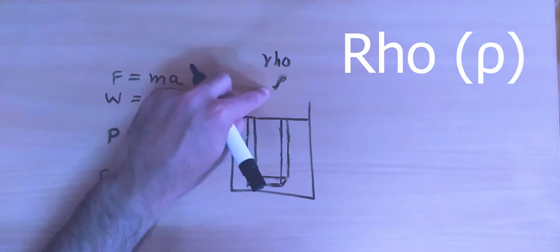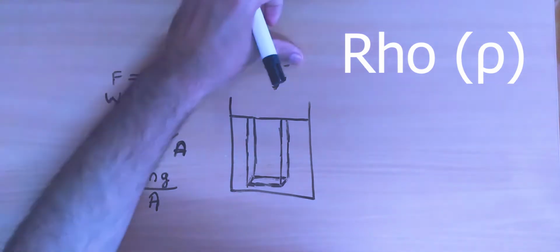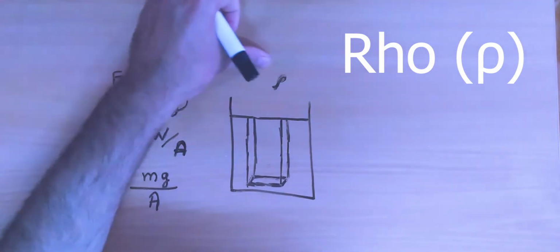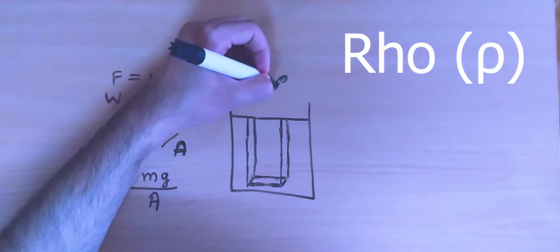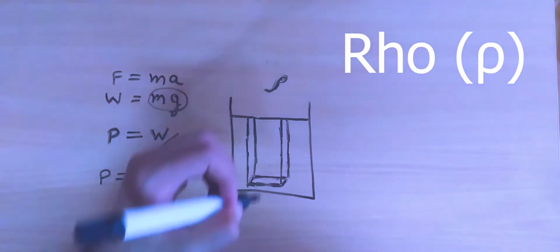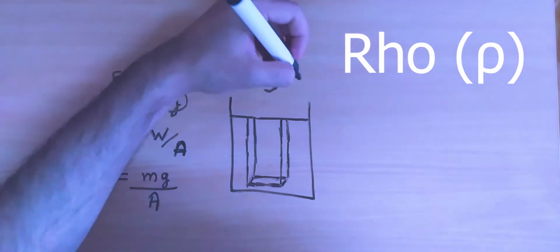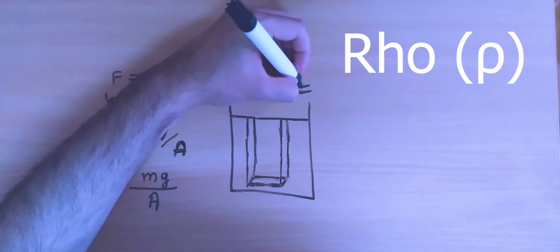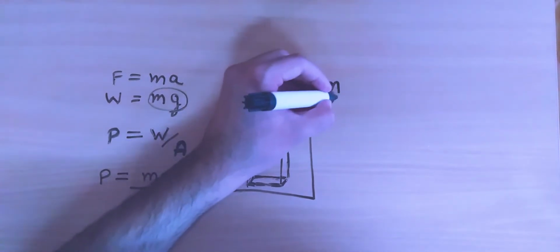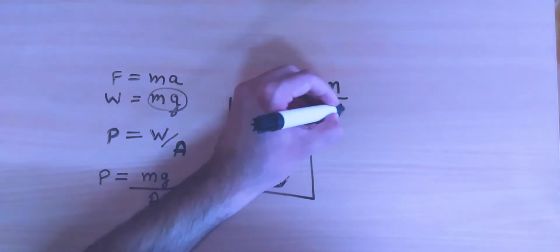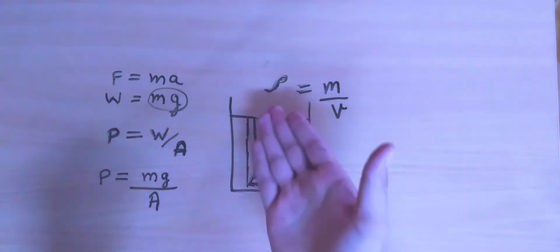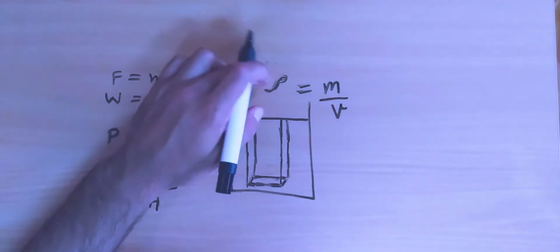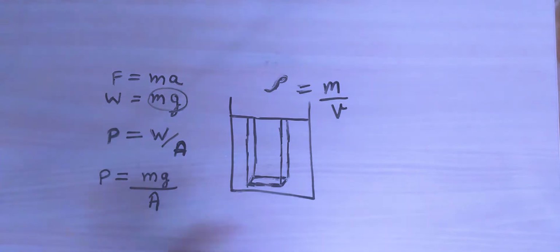This is the name of this letter, rho, and this is generally used to denote density. So this is somewhat how you write rho, and rho, or density, equals mass divided by volume, or mass per unit volume is the density. So that is the symbol used to denote density, rho.